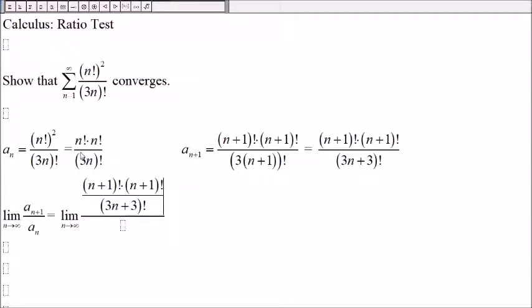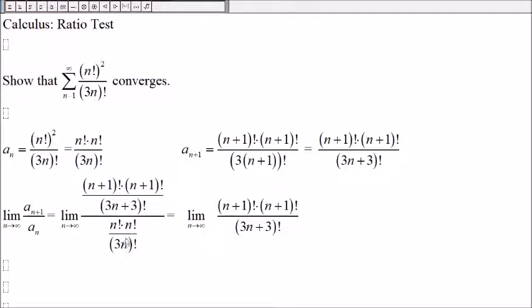So there's a sub n plus 1, and then this is a sub n. And then dividing by this is the same as multiplying by the reciprocal.